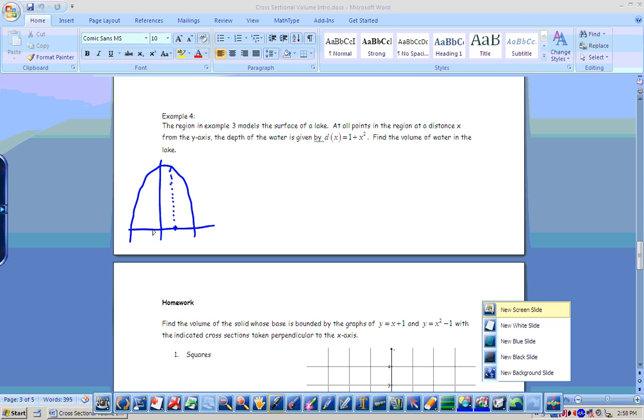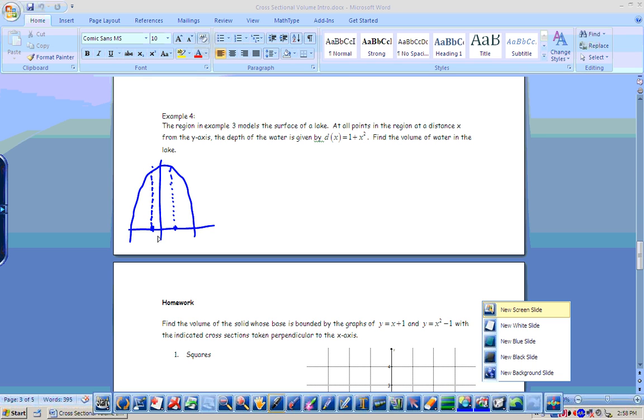And whatever this x value is right here, then all the points that are at a distance of that x value from the y-axis, meaning every point on this vertical line, the depth at all of those points on that vertical line is 1 minus that x value squared.